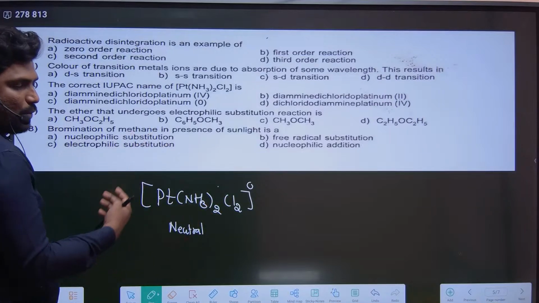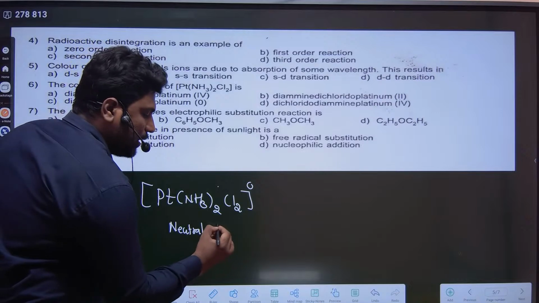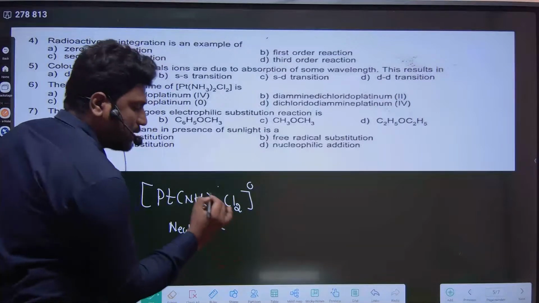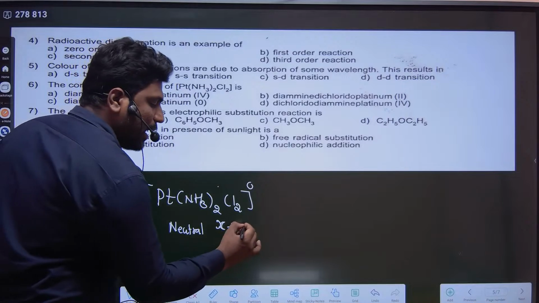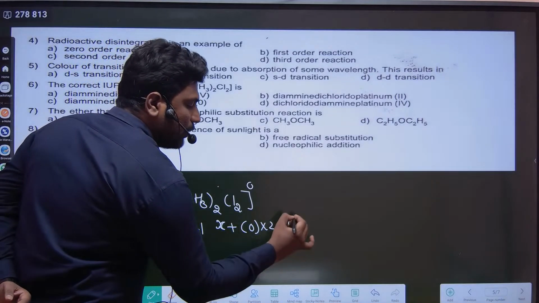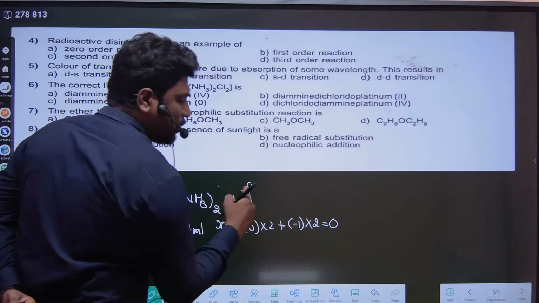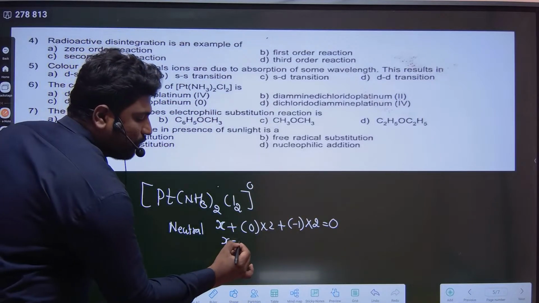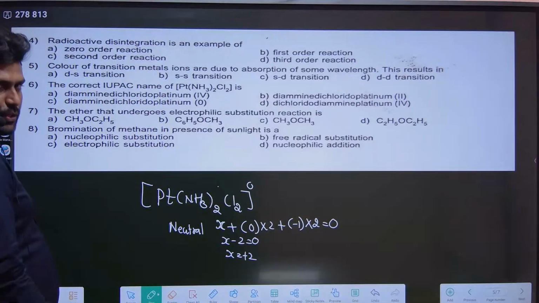So we will go with its oxidation state. Let x be the oxidation number of platinum. Ammine oxidation state is 0 into 2, plus chloride oxidation state is minus 1 into 2, equal to 0, because it is a neutral complex. So we get the oxidation state of platinum as +2.